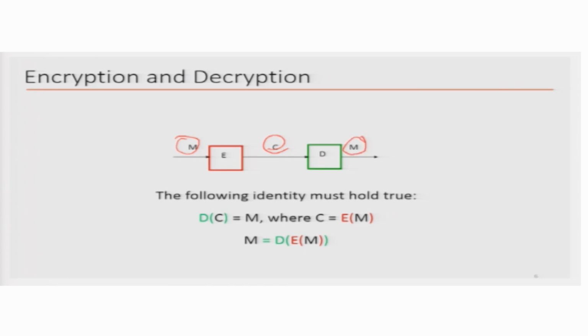So, the following identity must hold. So, if D applied to C is M and C is E applied to M, then M must be recoverable by a composition of D and E. That means, if you apply E first on the message, you get the ciphertext, and then on the ciphertext if you apply D, then you should get back the plain text. So, that is the idea, that is the property of all encryption systems.